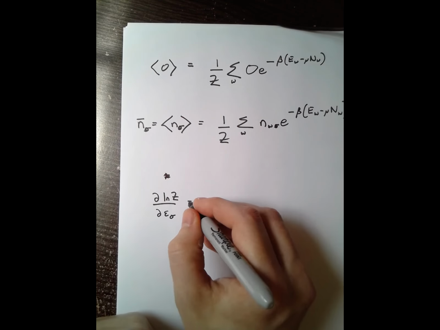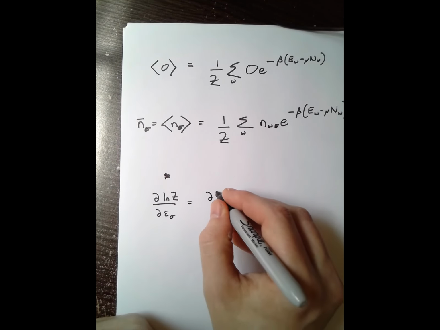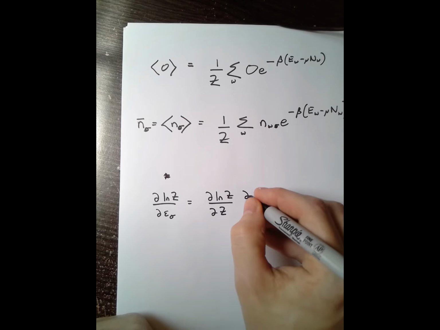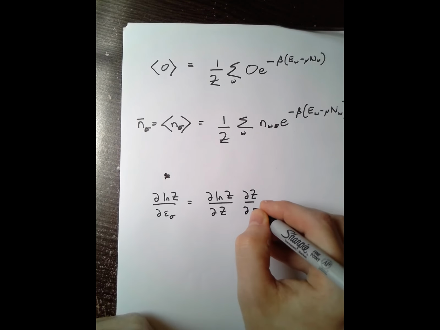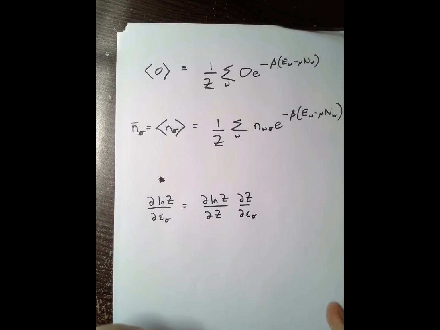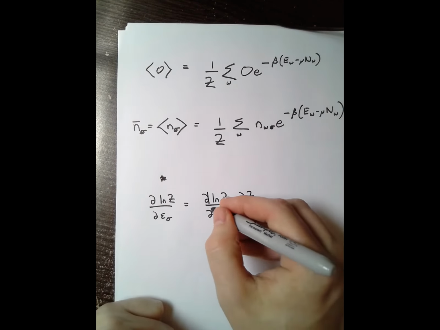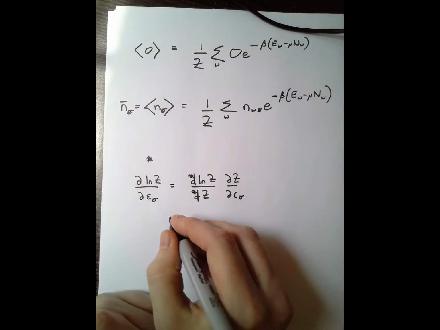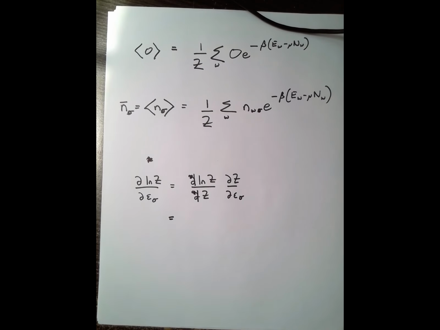Okay, and I can write this using the chain rule as d log z by dz times dz by d epsilon sigma. Technically this should not be a partial derivative, but there are no mathematicians around to shout at me, so I'm not too bothered at the moment.